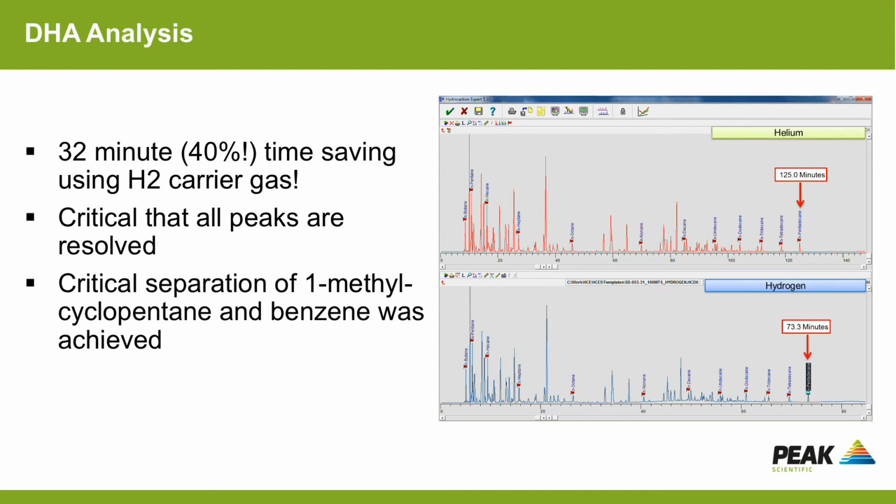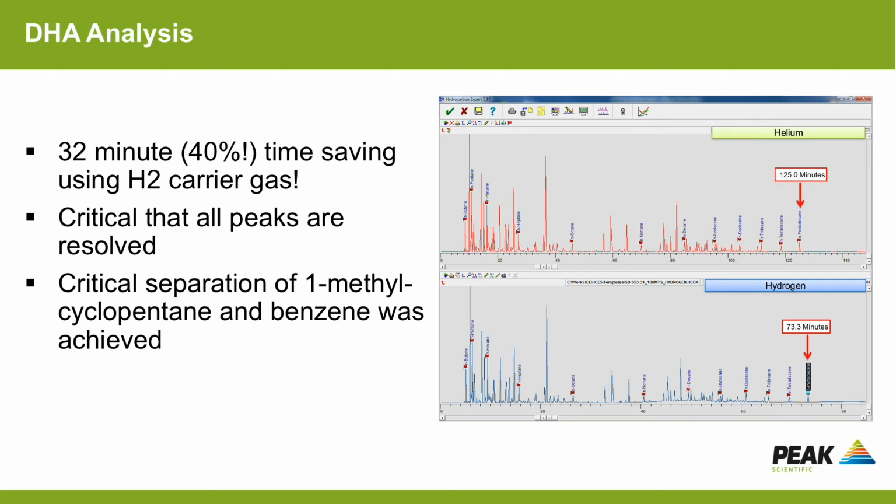Now, of course, as we saw in the last example, it's all very well being able to run samples faster, but you need to make sure that all of the peaks of interest are separated. Now, there's one critical separation in this method, which is the separation of 1-methyl cyclopentane and benzene.